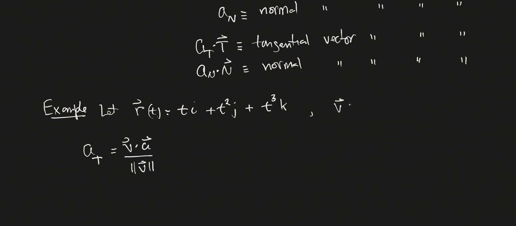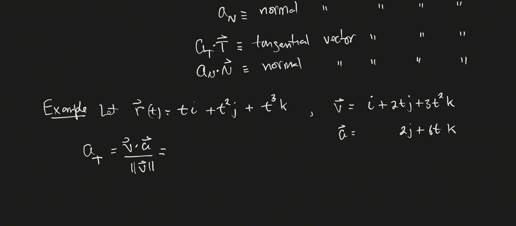So let's write down what v and a are. So our velocity vector is i plus 2t j plus 3t squared k. And then a, now since the coefficient of i is a constant, then its derivative is going to be 0. So I'm going to be left with 2j plus 6t k, right? So let's find the dot product of these two.